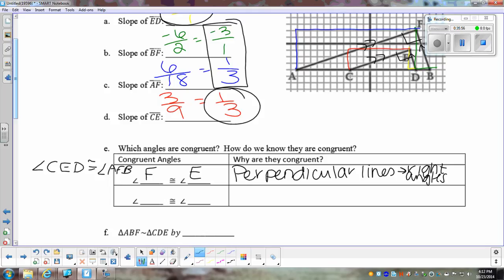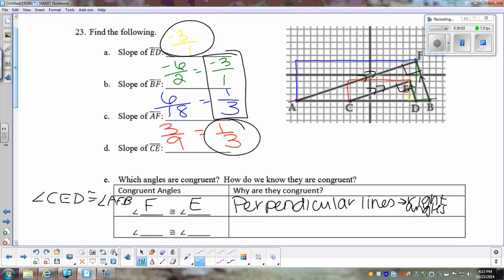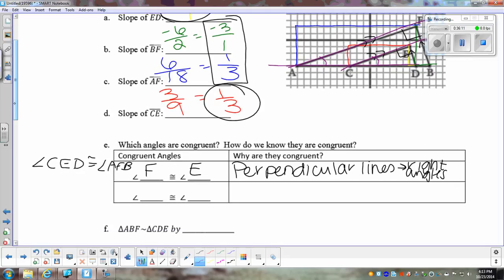Then if I look at my parallel lines, if I look over here, I have parallel lines cut by a transversal, so I know that angle FAD is congruent to angle ECD because they're corresponding angles.